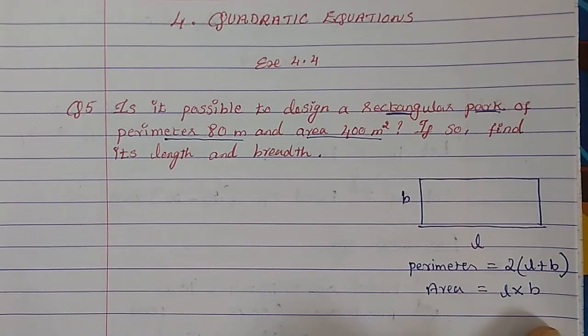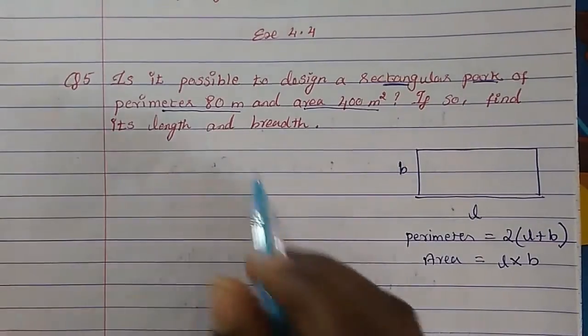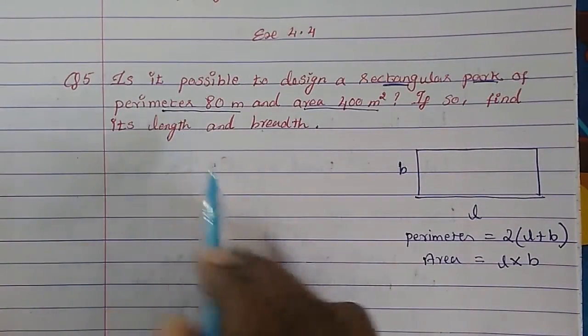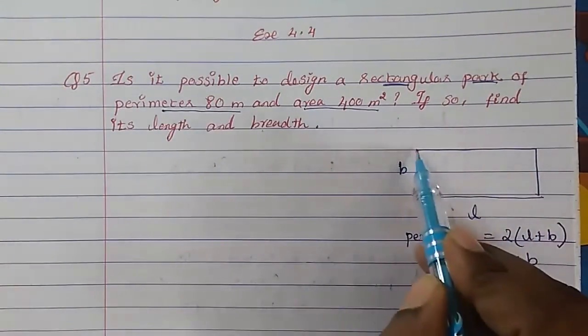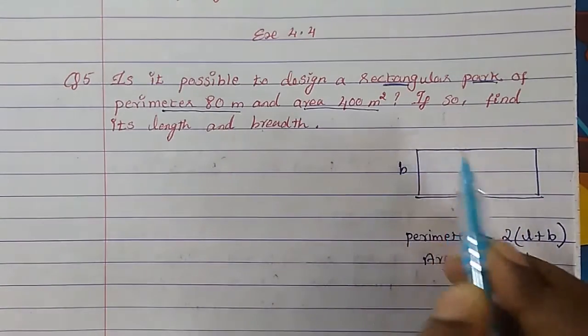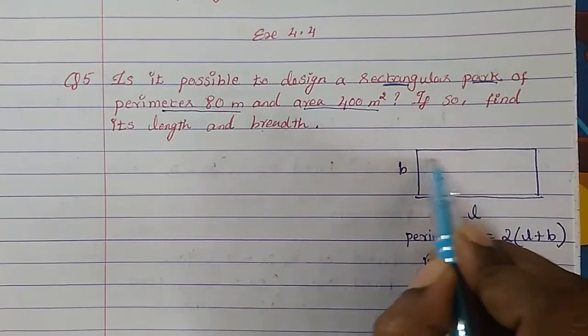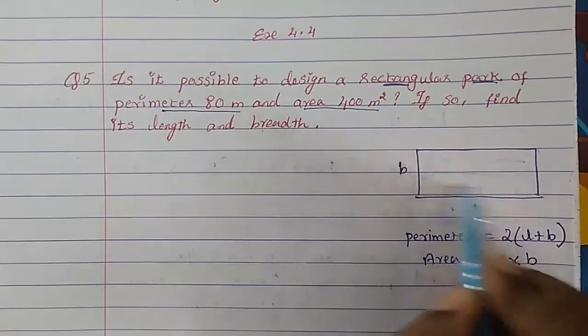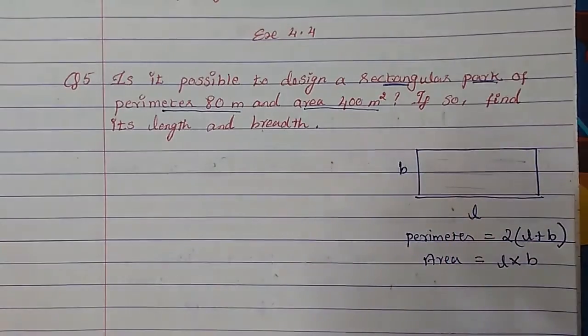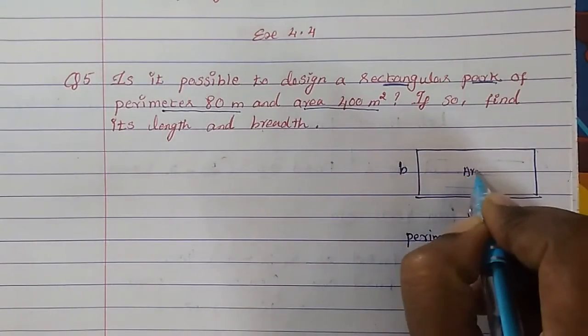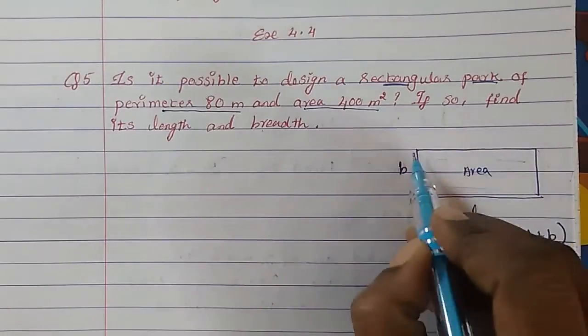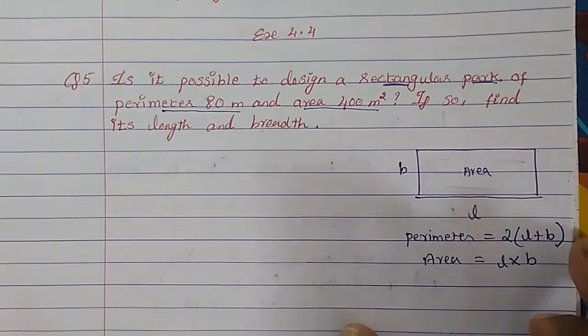Perimeter means this surrounding, this whole thing is perimeter. Area means inside part. This all inside part we call it area. Inside part is area, outside part we call it perimeter.